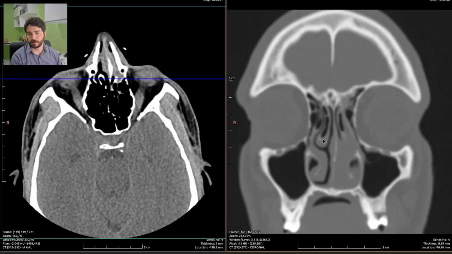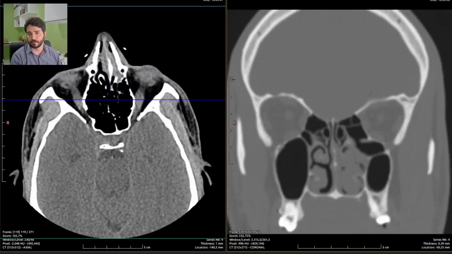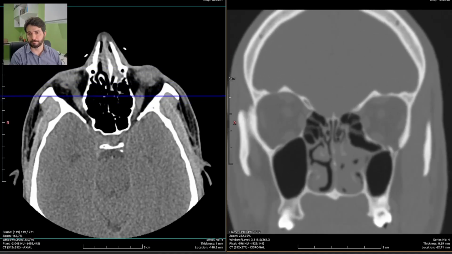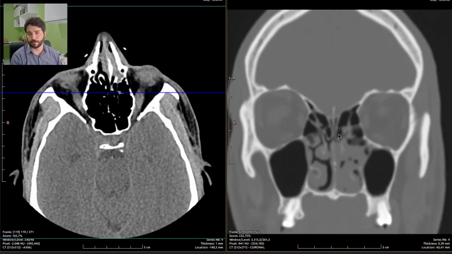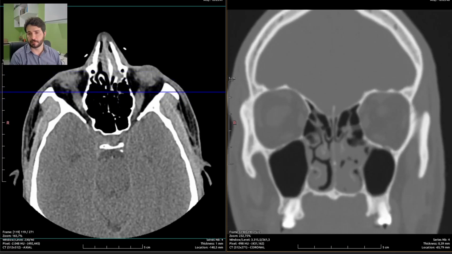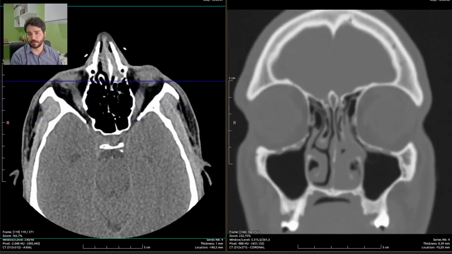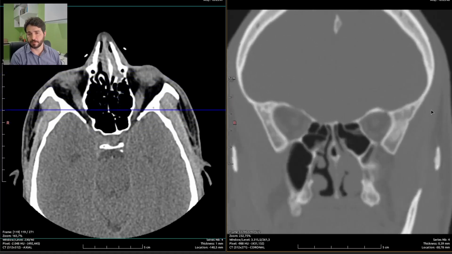I can see the middle nasal concha and the upper nasal turbines are filled with air. They are enlarged and filled with air.